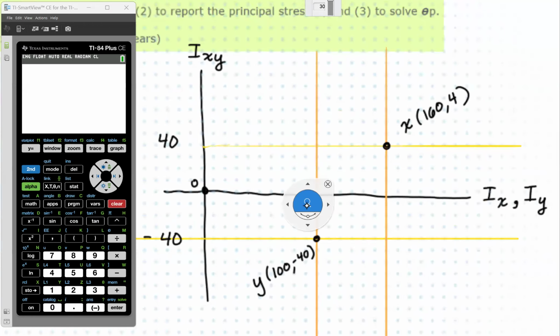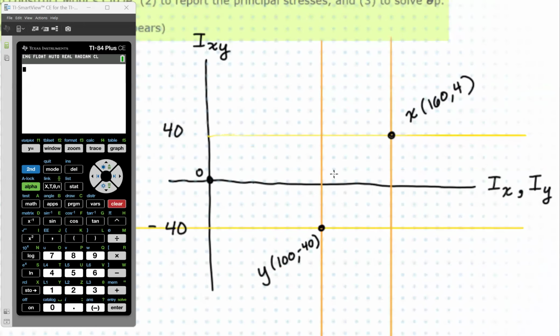With this information, we're ready to start working through this circle. I'm going to zoom in and we'll work through this really organically. My center of the circle is halfway between 160 and 100. So I just average, 100 plus 160 divided by 2, 130.